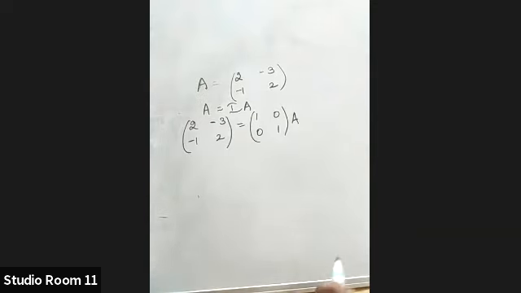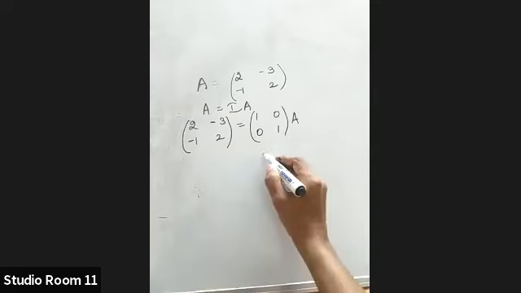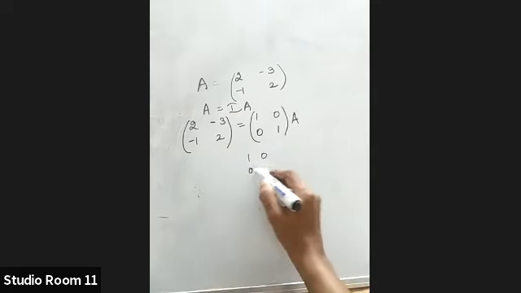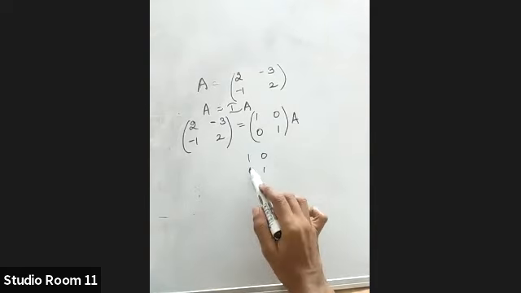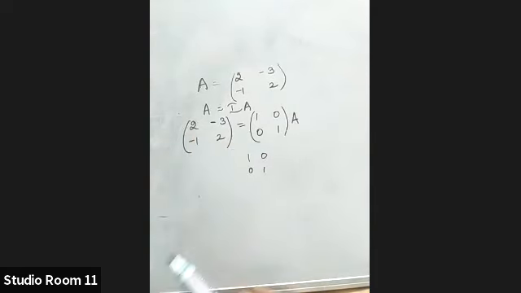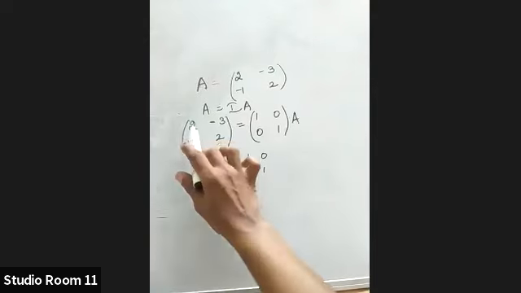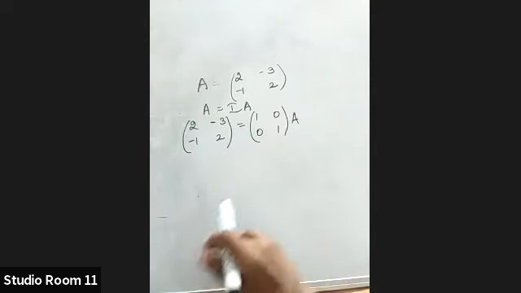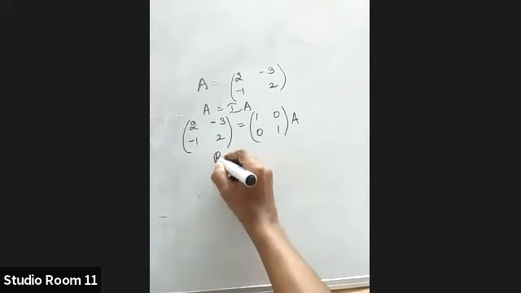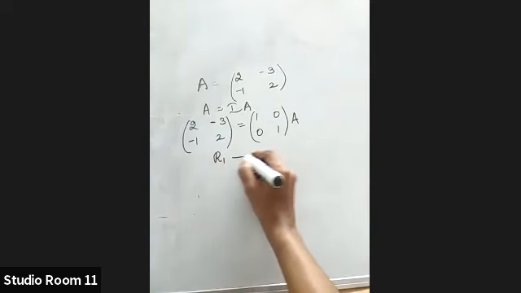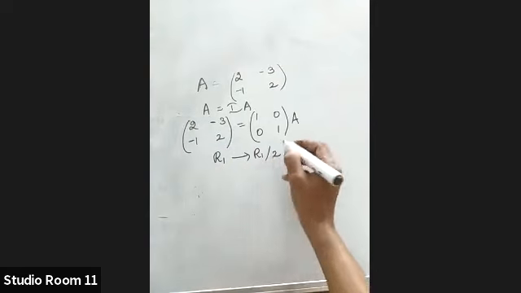Now, what do you have to do? Compare it with the identity form. We want A to be transformed to 1, 0, 0, 1. First row, first column, we want 1. So I am going to divide the first row by 2: R1 gets R1 by 2.